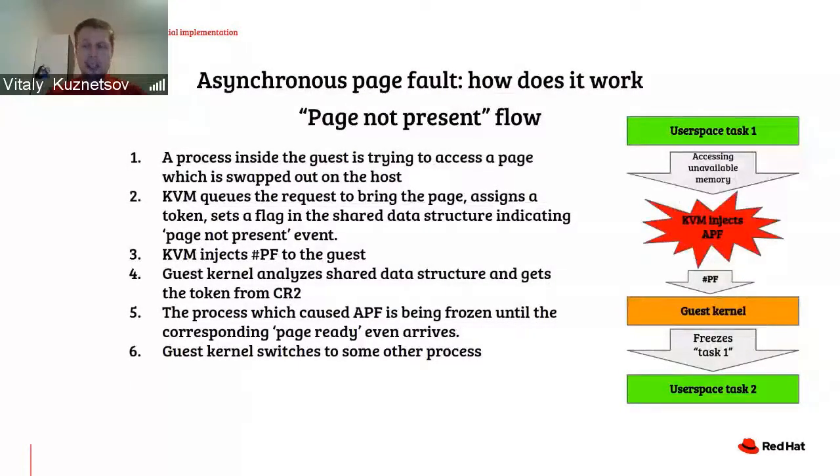It sees that the event is actually an asynchronous page fault event and not a normal page fault. It freezes the task which tried the access, along with the token, and switches to some other task, which hopefully won't cause any faults.